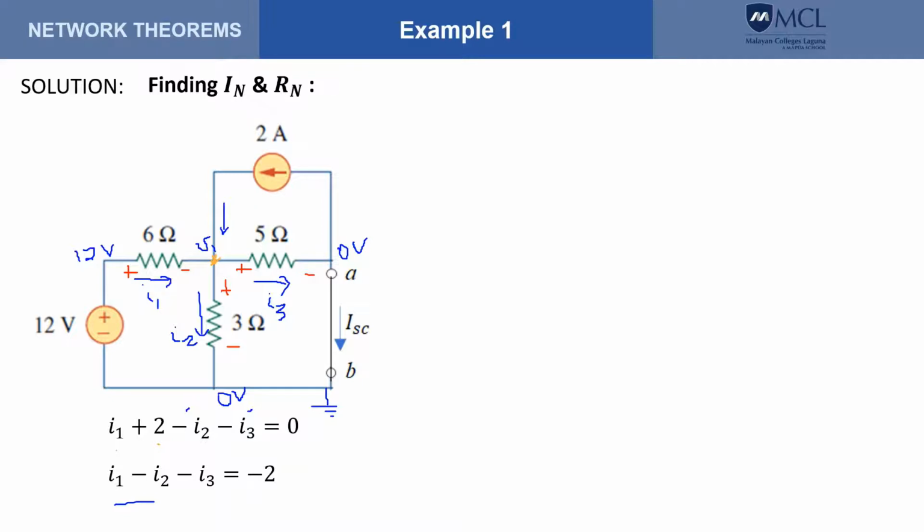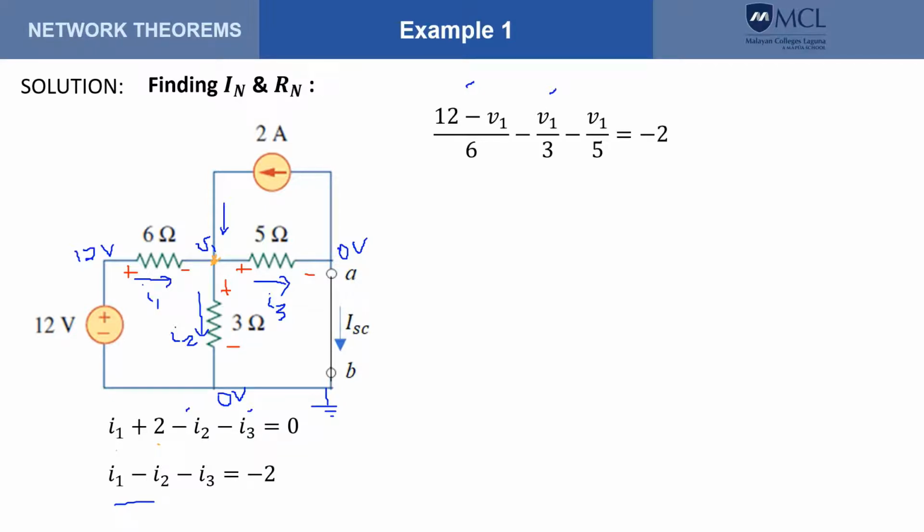We then replace the branch currents in terms of the node voltages. So I sub 1 is 12 minus V sub 1 divided by 6. I sub 2 is V sub 1 minus 0 divided by 3.